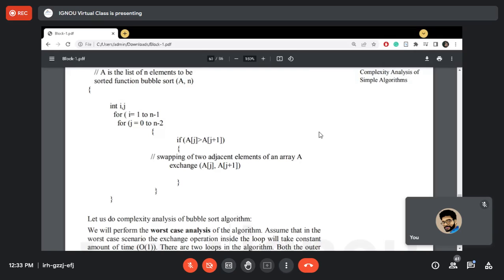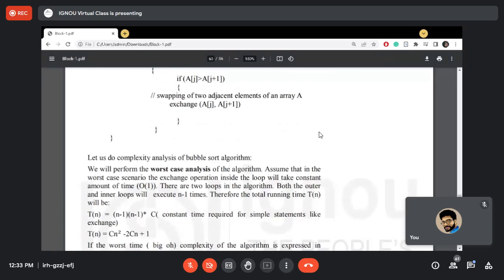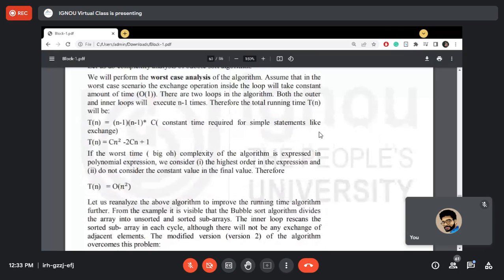So here you have to calculate the complexity also. Why do they consider this complexity? It is n minus 1 into n minus 2.